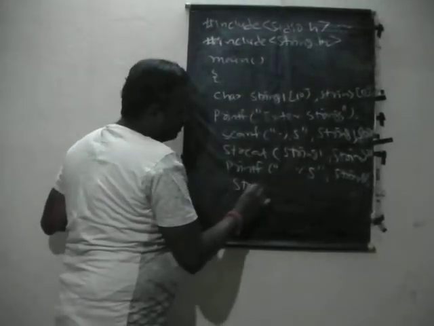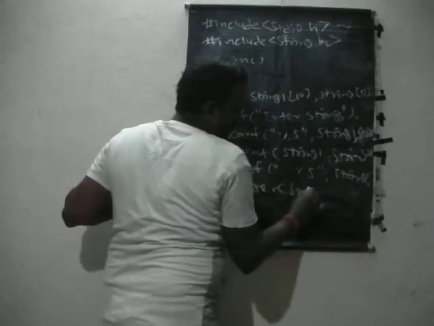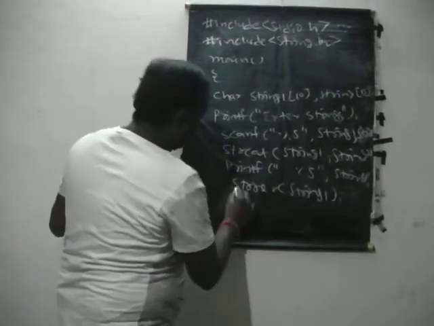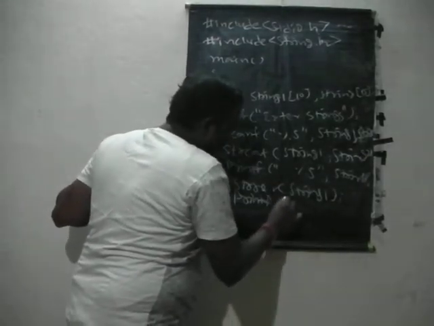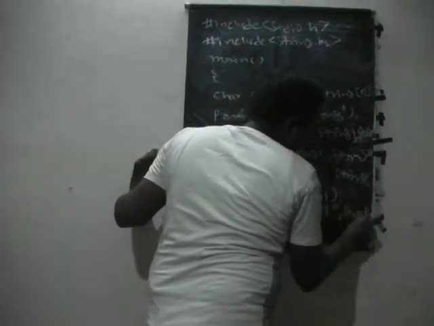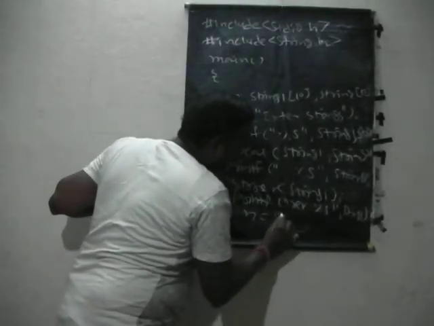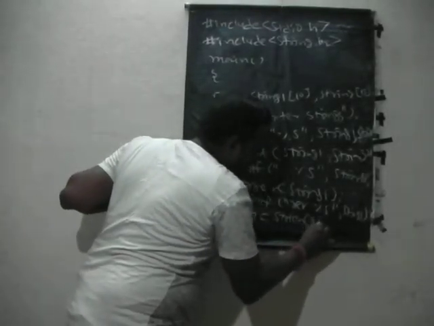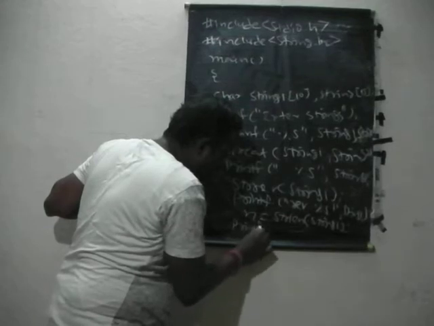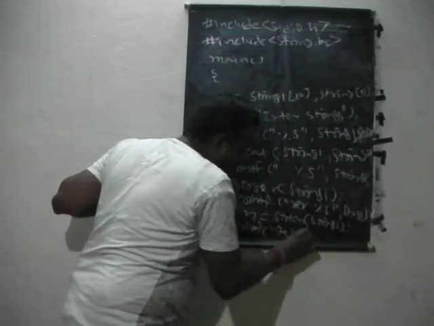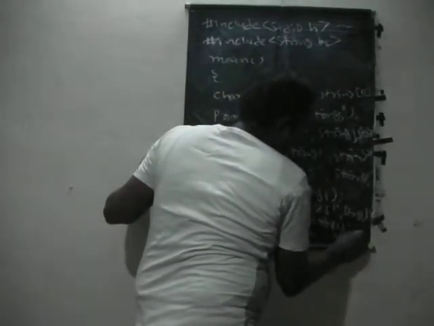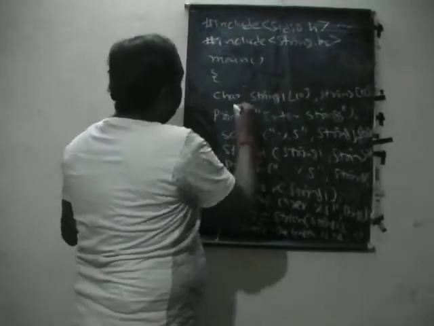Then string reverse: strrev(string1). Then printf "The reverse of the given string is %s", string1. Then n equal to strlen(string1), and printf "The length is %d", n, because we declare int n also.